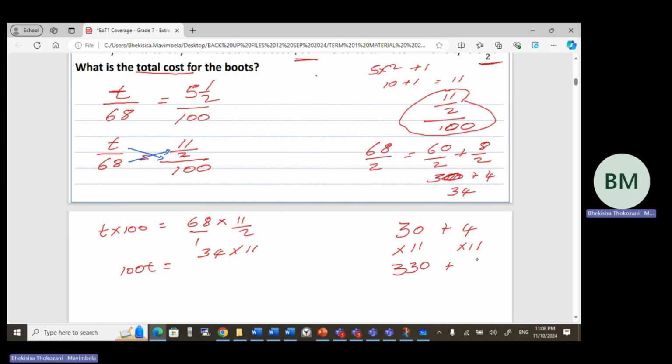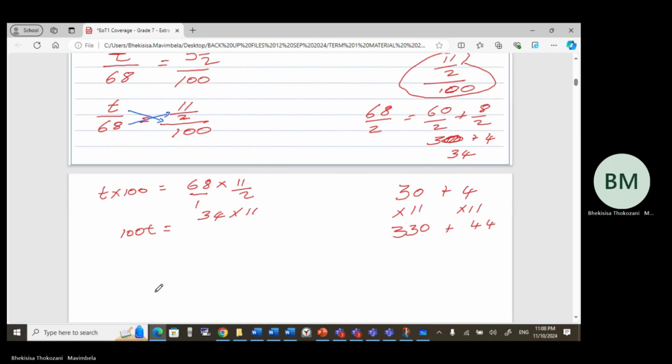And plus, what is 4 times 11, which is 44? Now we add these two together. So now we have 330 plus 44. You add this, 4, 7. So this is your answer, 374.